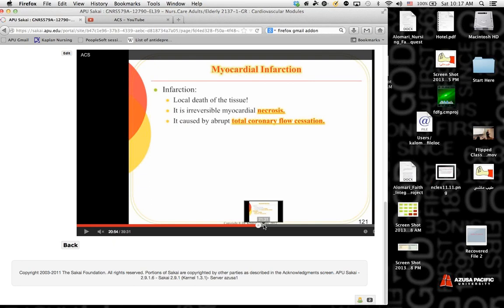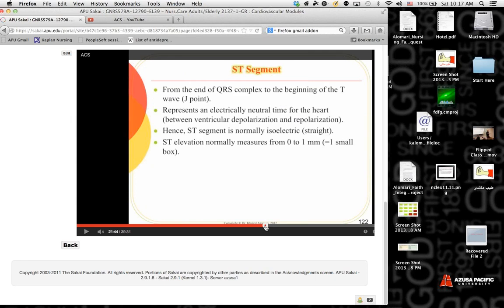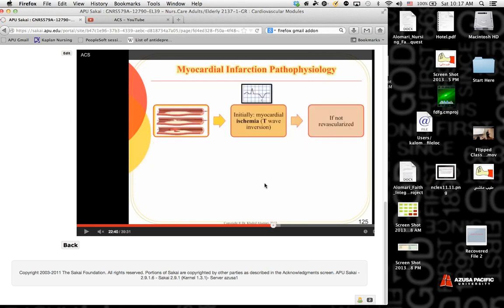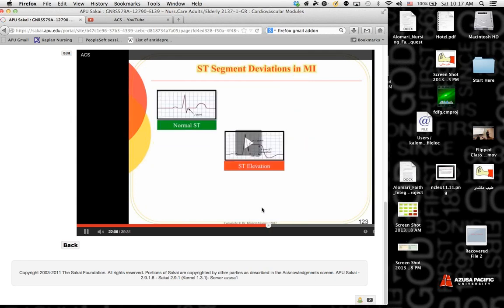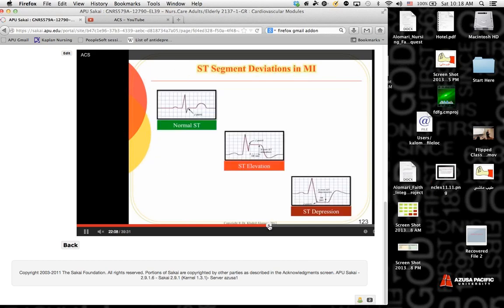Again, MI: we have ischemia, we have injury, and we have necrosis. Necrosis is more serious, injury is intermediate, and ischemia is the least serious. If you have four different ECGs and you see one with ST elevation and one with Q wave, ST elevation versus a deep Q wave, Q wave is more serious.